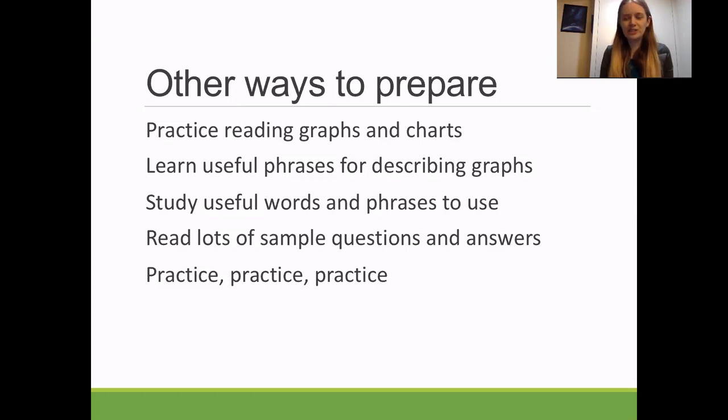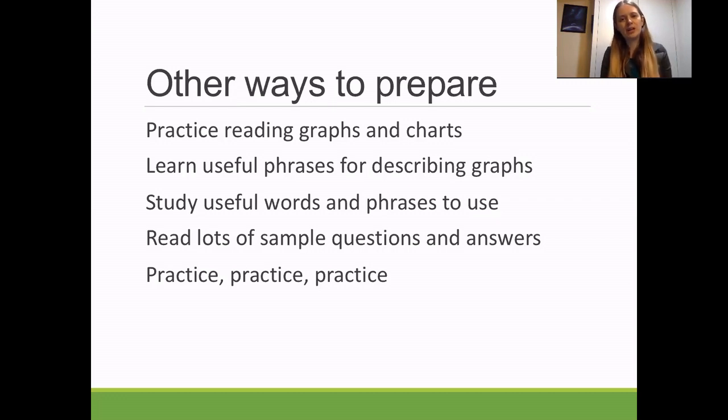Read lots of sample questions and answers. That is key. That will make you feel really comfortable on the day of the test. You will not be surprised by their types of questions, and you'll feel like you've done this many times before. So read them and then, of course, practice them. So don't just read what you see on the internet and think that you're prepared, because actually forming the sentences yourself is a lot more difficult than just reading them.